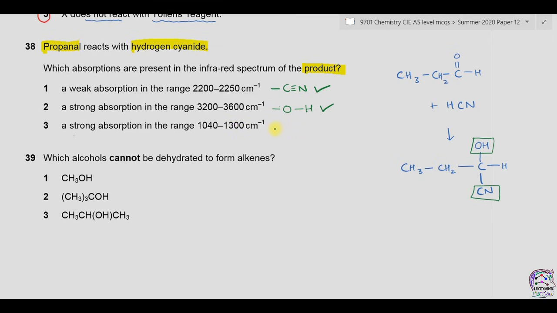Now this peak is because of the CO bond present in the alcohol. As we have this bond present, so therefore this peak will also be observed. So all 3 options are correct, so therefore answer is A.